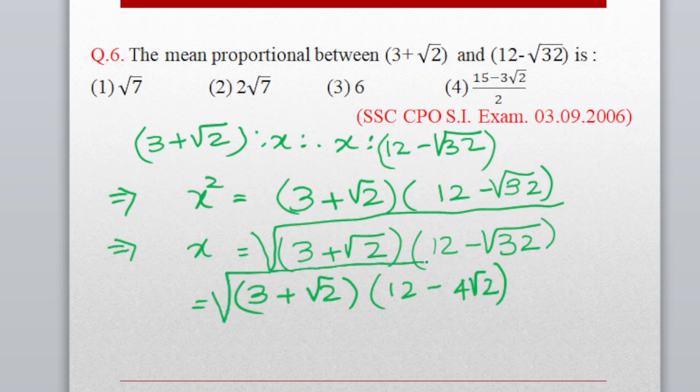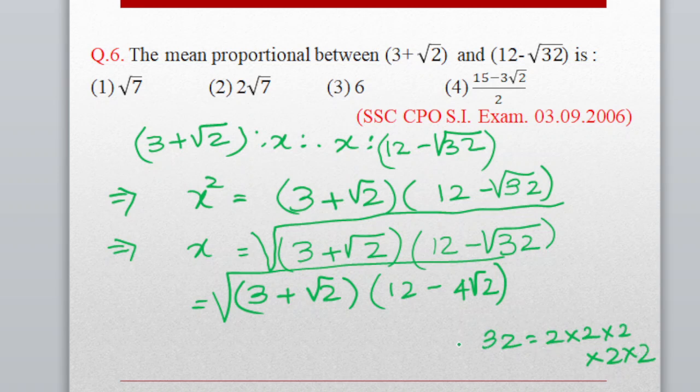Now how is this root 32 equal to 4 root 2? 32 can be written as 2 into 2 into 2 into 2 into 2. That means 5 2's are there. 2 2's are 4, 4 2's are 8, 8 2's are 16, 16 2's are 32.